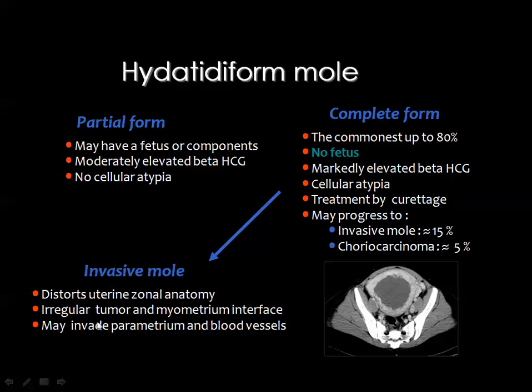In cases of invasive mole, there is distortion of the uterine zonal anatomy, and you see intrauterine soft tissue masses invading the myometrium and may extend into the parametrium as well. In the partial form, there may be some components of a fetus with moderately elevated human chorionic gonadotrophin in blood.